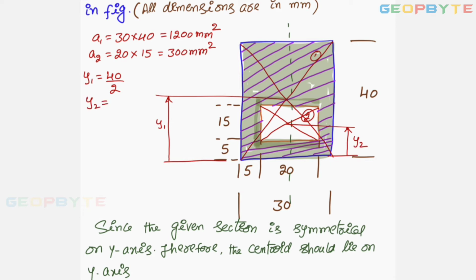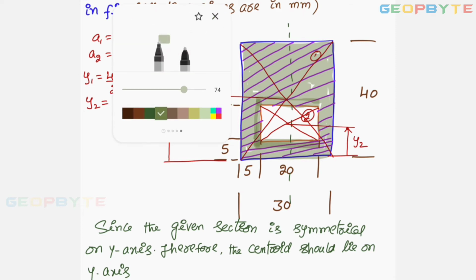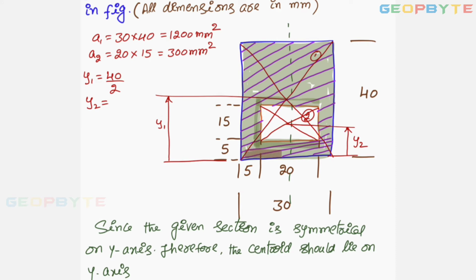Tell me what is the y2 value. y2 equal to this part plus this part, 5 plus 15 by 2, it is 20 mm.